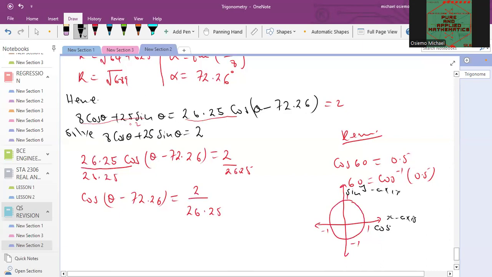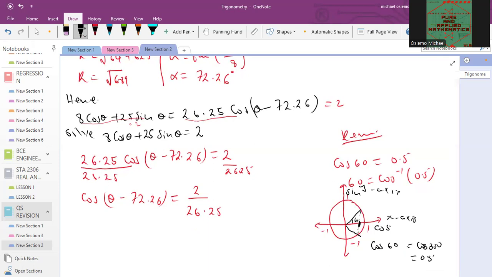You'll find that cos 60 is somewhere here, and we get 0.5. But also, cos 300 is equal to cos 60, because it is 360 minus 60, which will be equal to 0.5 because you are reading the positive x-axis, right?